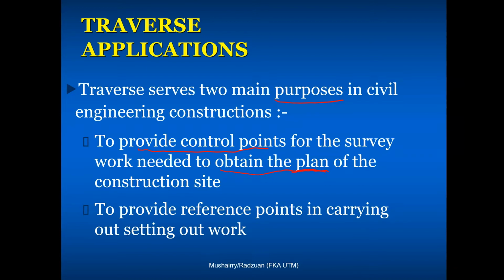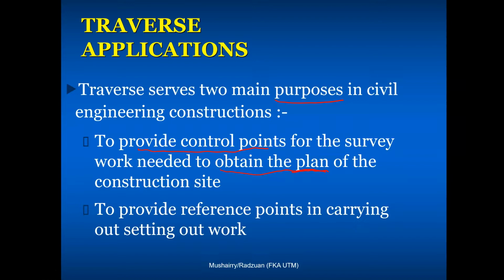Normally, before we could take up any design of a project, some kind of initial information is required, and one of the things will be a plan, the existing current plan of the area.